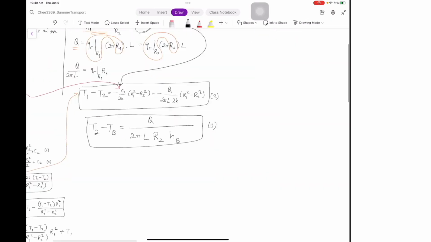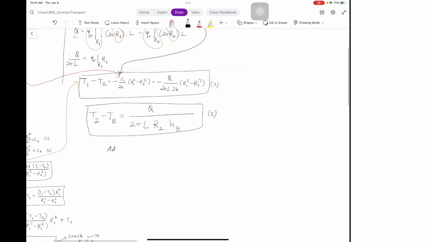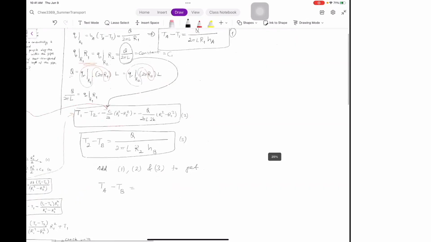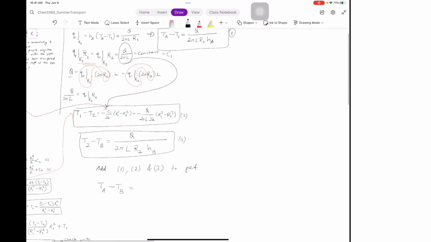So let's add 1, 2, and 3 to get TA minus TB is equal to, you have this Q over 2 pi L. Let's take to 2Q over 2 pi L parenthesis.